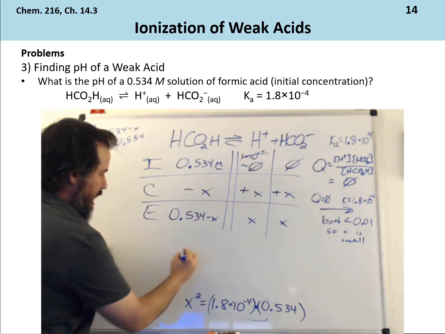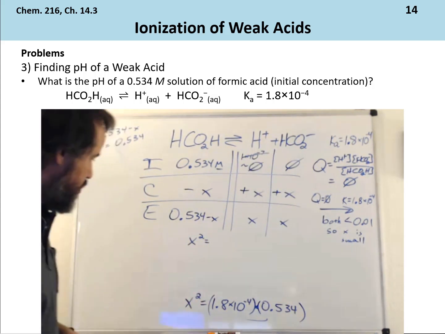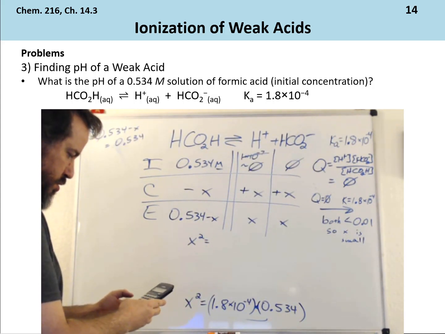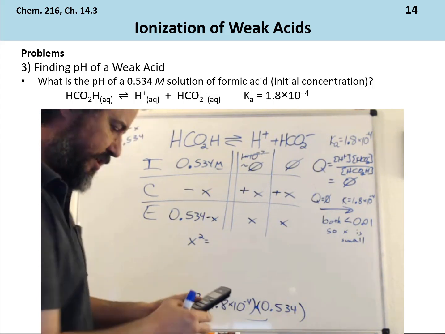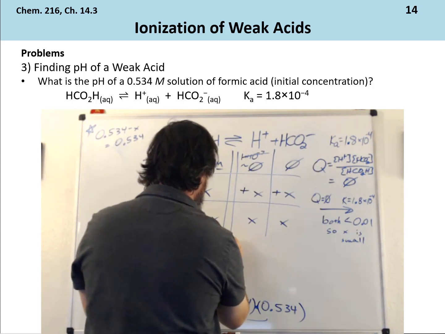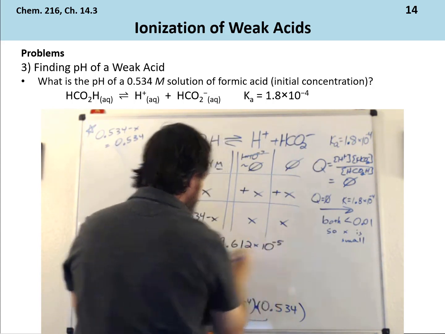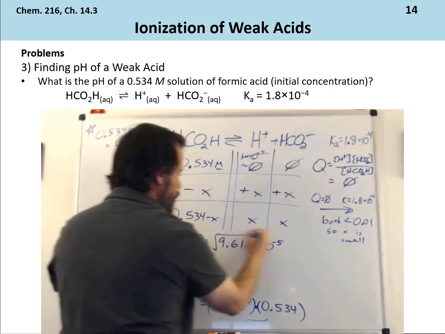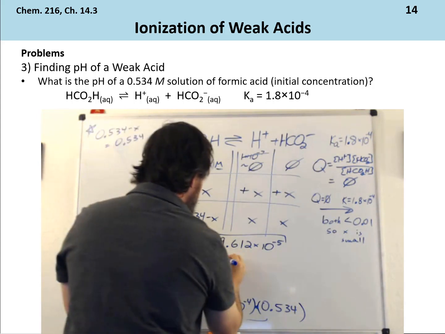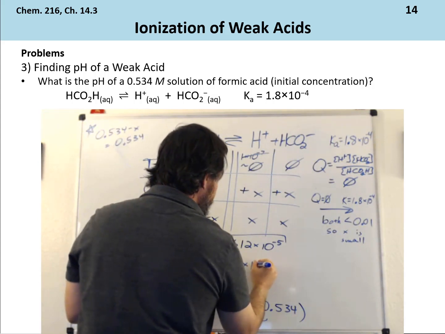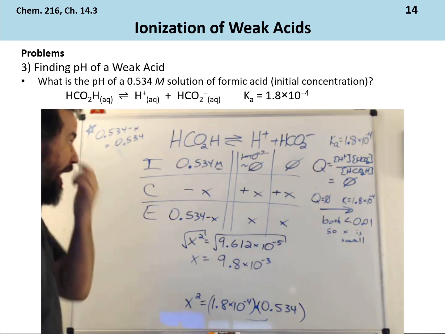So that means x squared equals 9.612 times 10 to the minus 5, and x is the square root of this, and that's going to be 9.8 times 10 to the minus 3. Okay, so that is my value for x.